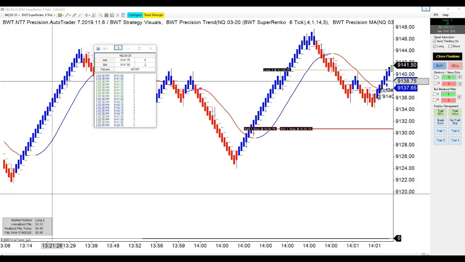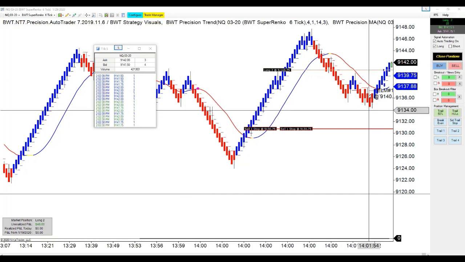Well, here's the long. Now let's see if they can hold it and move higher.